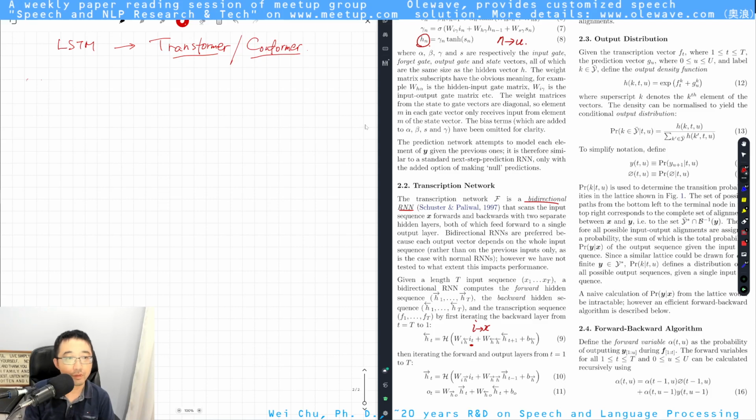So the input is always IT. It passes through the WIH backward matrix.